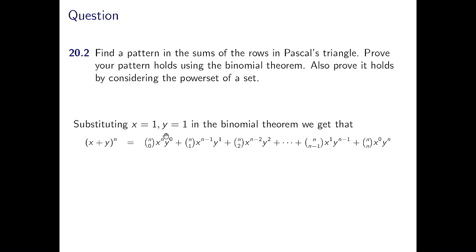And all of these terms is just some number of 1s times some number of 1s, right? So everything just drops down to the sum from the row of Pascal's triangle, and I find that the sum of the nth row of Pascal's triangle, remembering we call the top row the 0th one, is just 2^n.